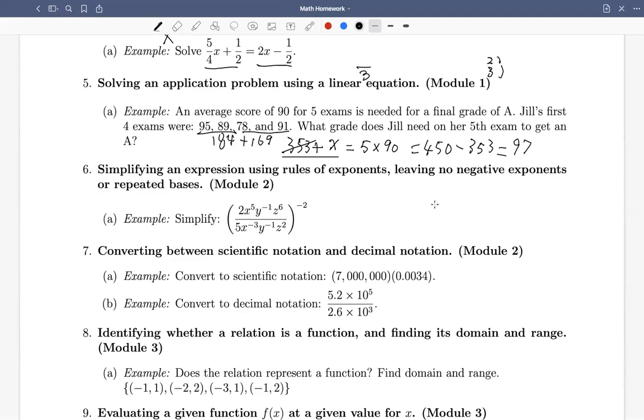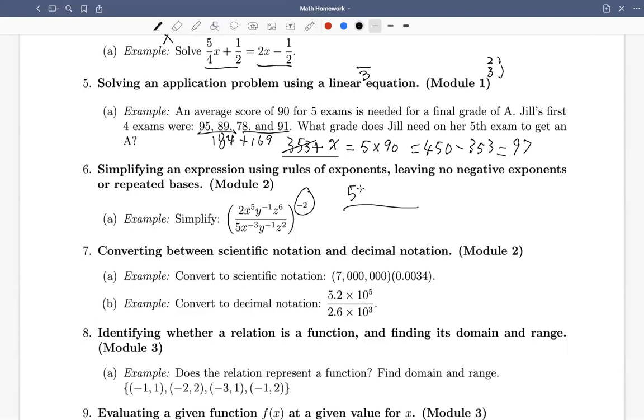All right, let's see 6. Exponents. We have these negative exponents. There are different ways of doing this. We can distribute this -2 first to everything inside the parentheses, or we flip the numerator and denominator first, so make this -2 into +2. If we do that, the numerator becomes the denominator, and the denominator becomes the numerator.